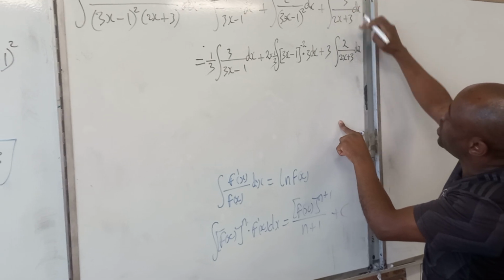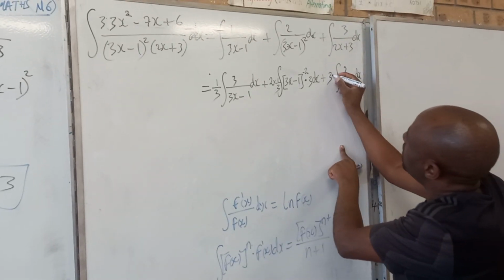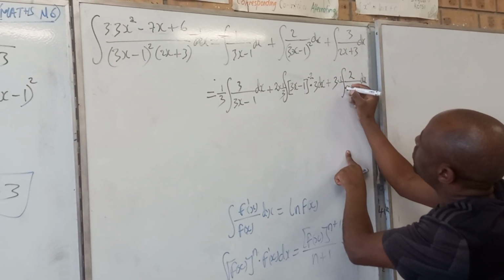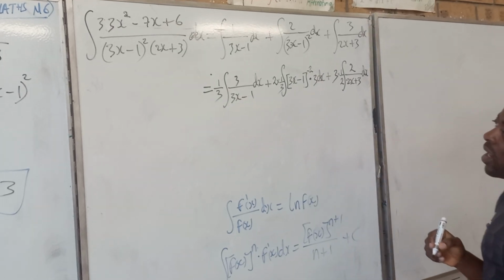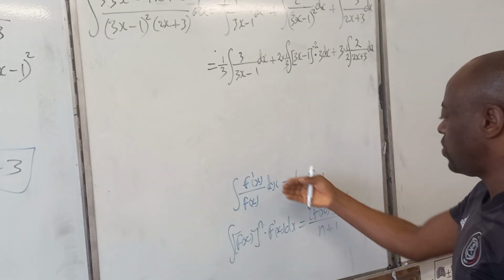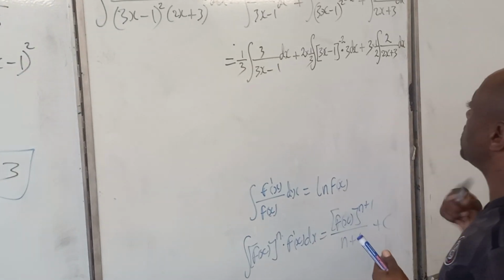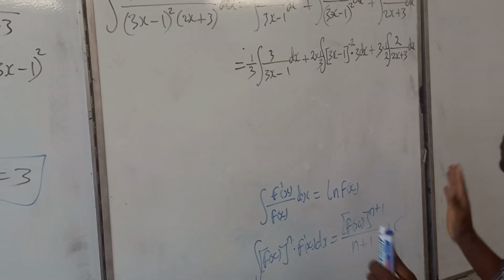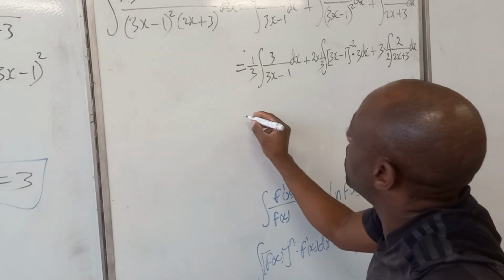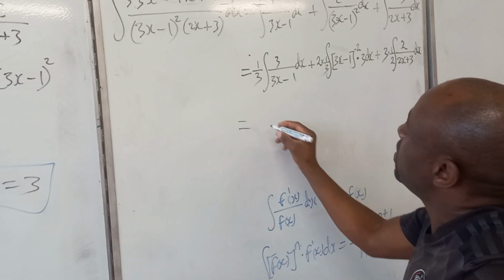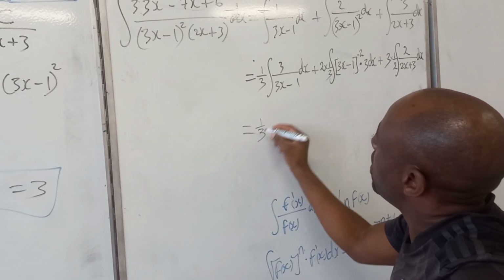This 3 is there, 2x plus 3 is there. So I need a number outside to take care of the 2, and that number is a half. So with this, I've used those 2 formulas, which are on page 4 of the N6 question paper, to do my adjustment.